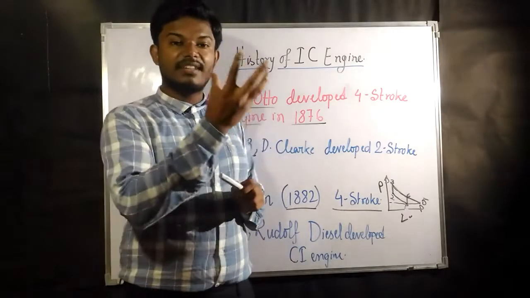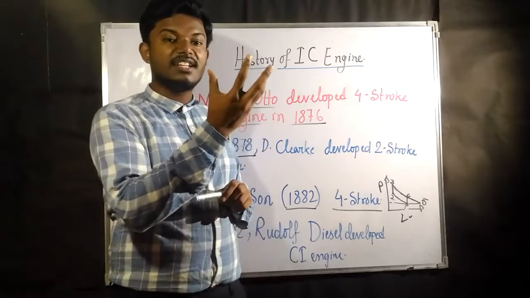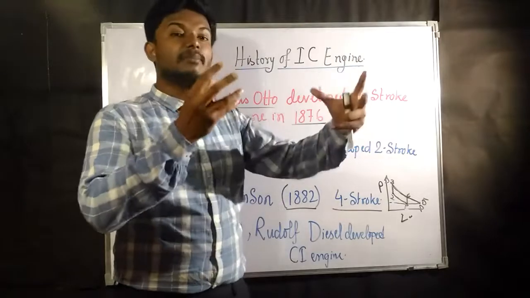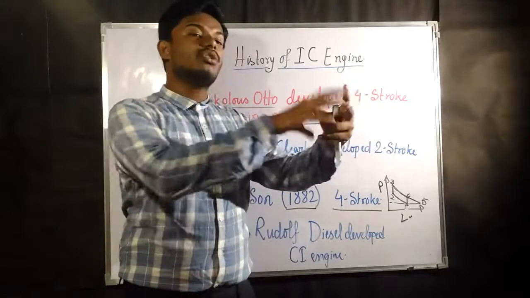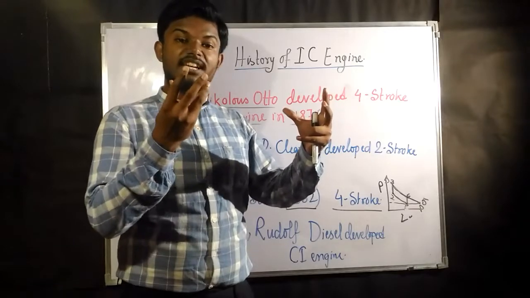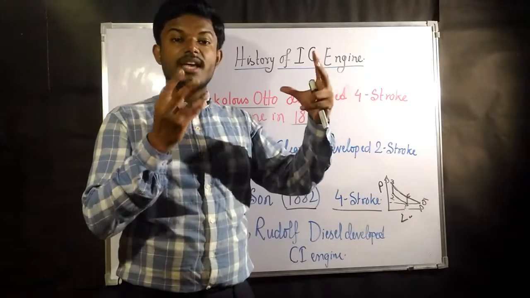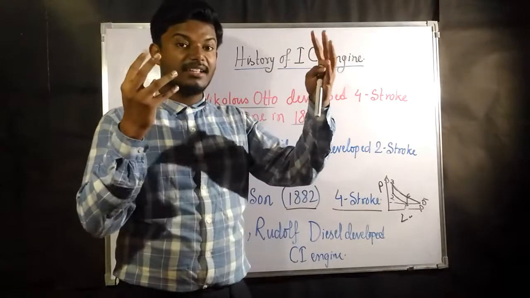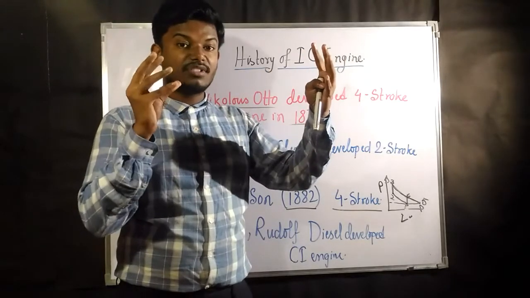Suppose there is an air molecule whose self-ignition temperature is 300 Kelvin. Now if we expose it to a temperature of 400 Kelvin, it will automatically ignite, because this temperature is higher than its self-ignition temperature.